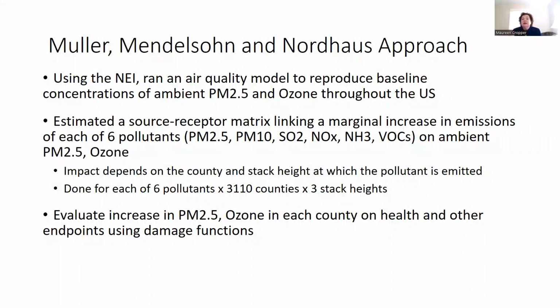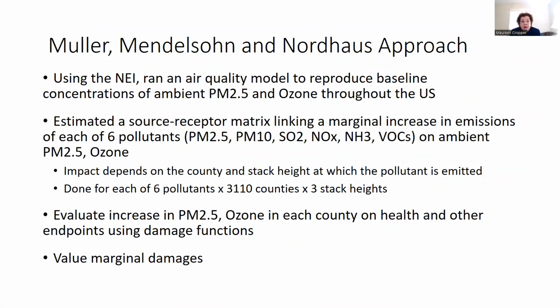After they did this, the impact of an emission of, say, a ton of PM2.5 in Los Angeles County was estimated in terms of its impact in other counties on health and other endpoints. Damage functions were used to do this, and then the authors valued marginal damages.